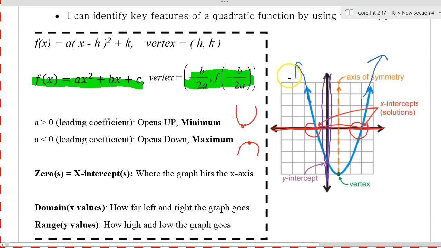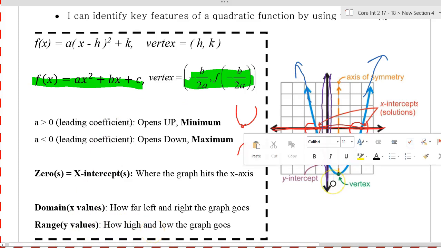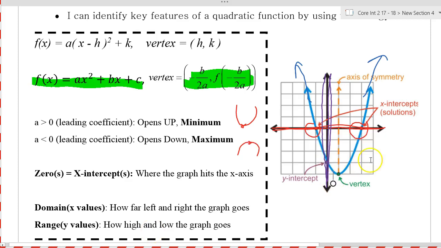In most cases, or in all cases, our graph will go forever to the left and forever to the right. And we'll look at how to write that. For the range, the y values, how high and low the graph goes, you can see we have a lowest point here, so it starts there, and it will keep going all the way up.